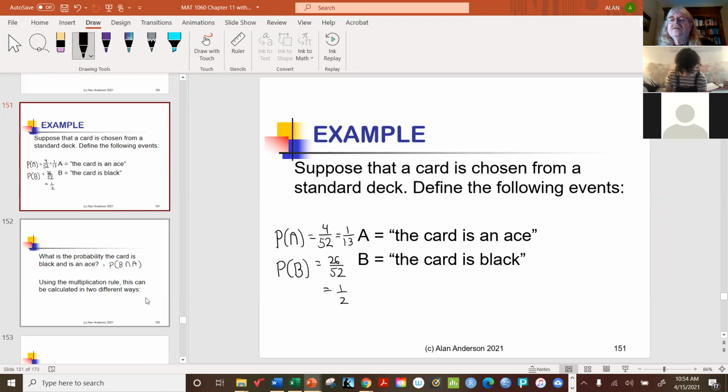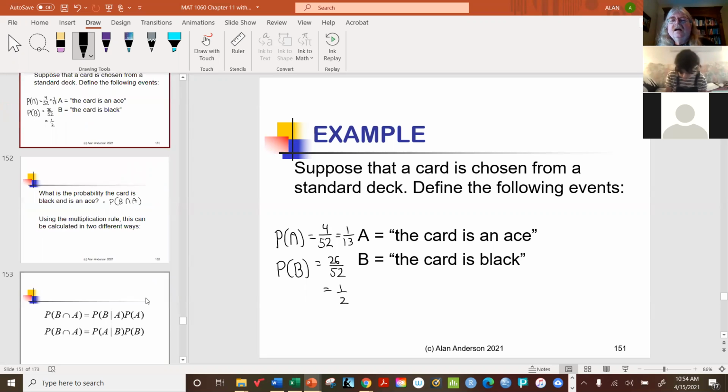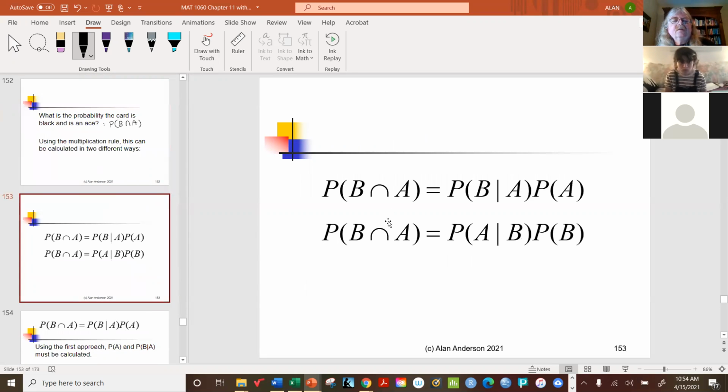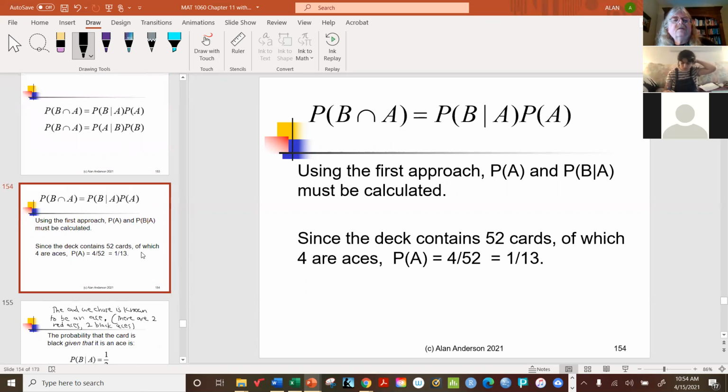So we're going to actually use both versions of the rule to come up with this probability. All right, let's start. Let's just randomly pick the first one. If we're going to use this approach, we have to calculate 2 different probabilities, the probability of B given A and the probability of A.